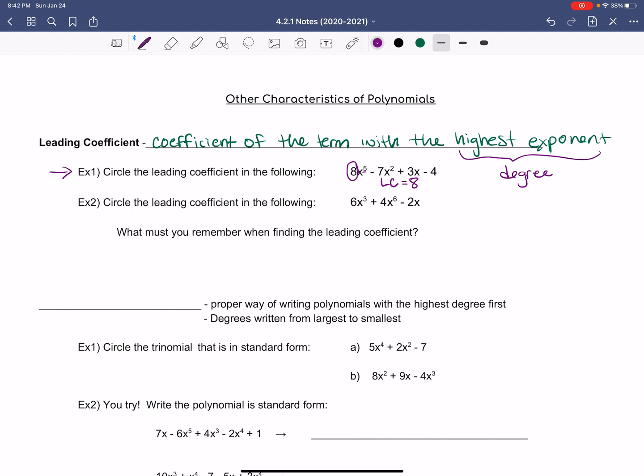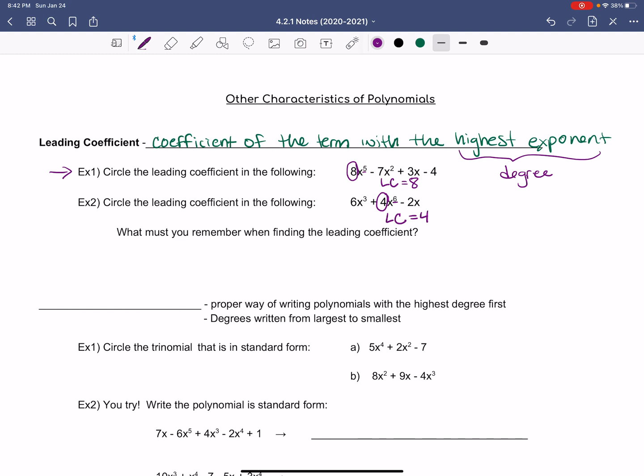All right, let's try one more. In example 2, again, we're trying to circle the leading coefficient. So we're going to look for the highest exponent, our degree. And then the number in front of that term here is 4. So our leading coefficient, LC, equals 4. That next part says, what must you remember when finding the leading coefficient?